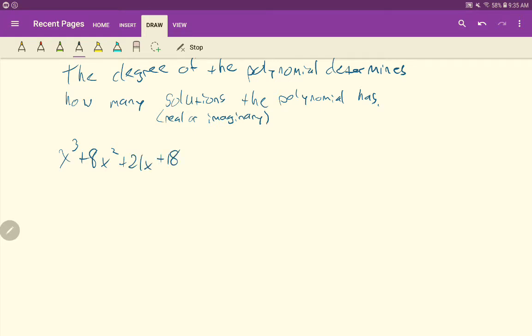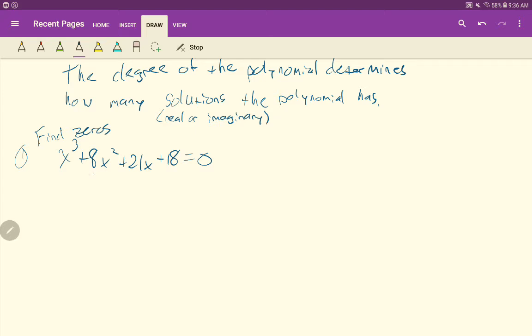Okay, so we want to find the zeros. Again, finding the zeros would be the solutions to this equation. And the number of solutions we'd expect is, well, what's the degree of this polynomial? If you look here, the degree of the polynomial is 3, so we'd expect to have 3 solutions. So let's see what happens here.